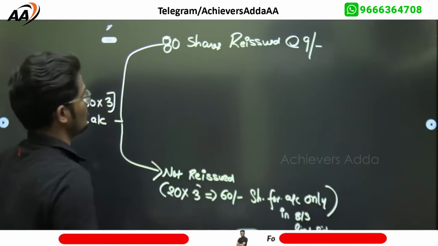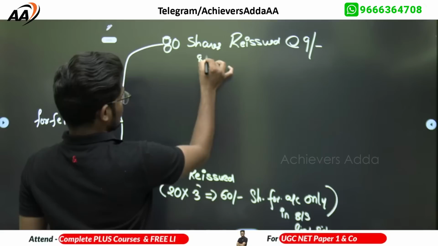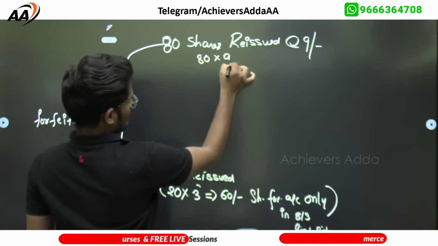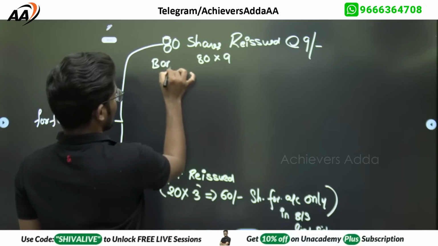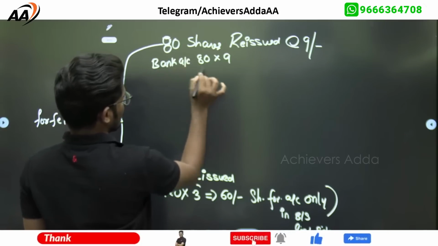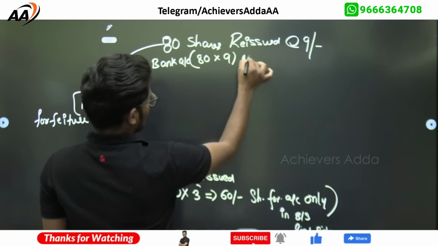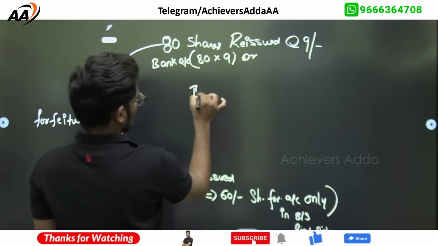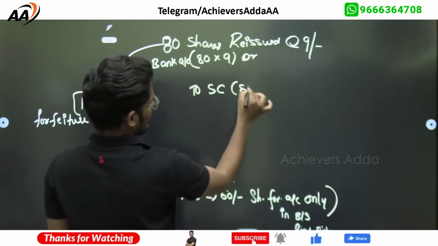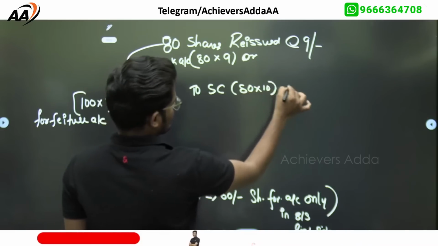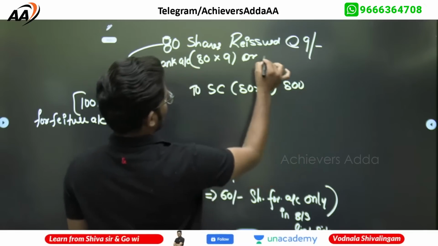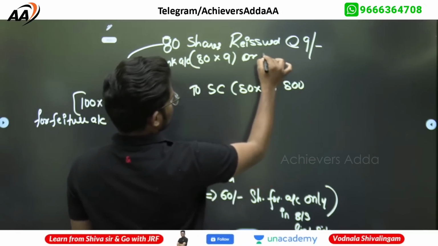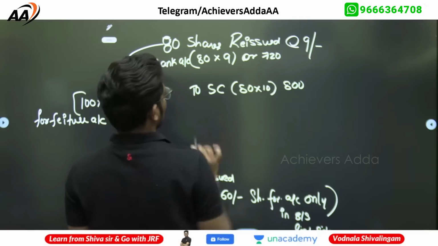Whereas for the reissued 80 shares, the reissued value is 80 into 9, which is bank account debit. You are getting 9 rupees, so bank account is debited 80 into 9, and share capital 80 into 10 rupees. This is the total 800 rupees you need to get, but you got only 720, right?